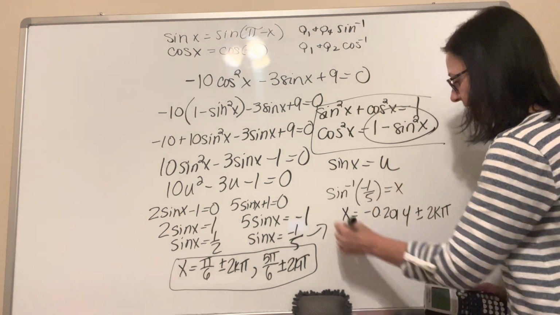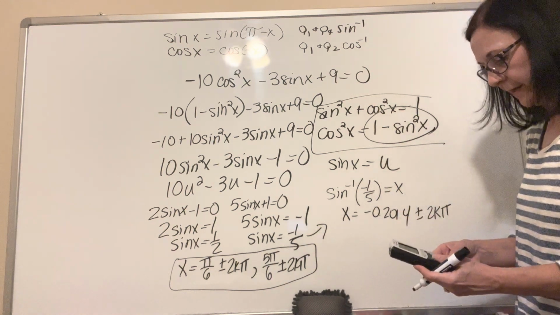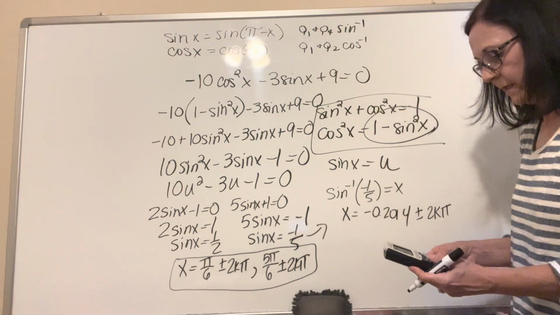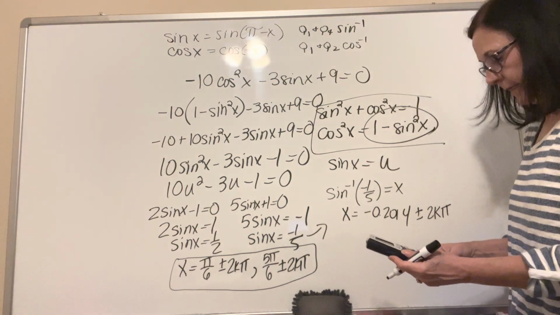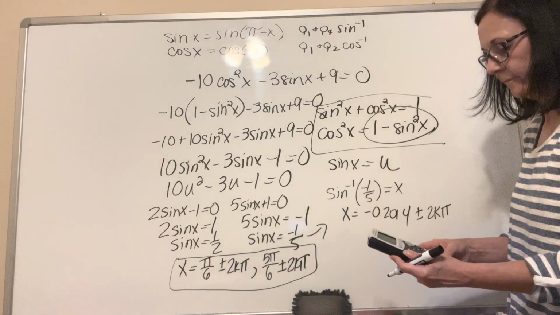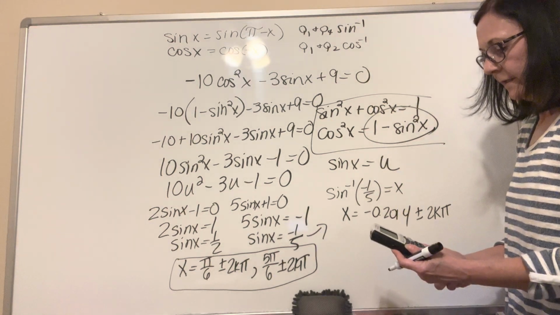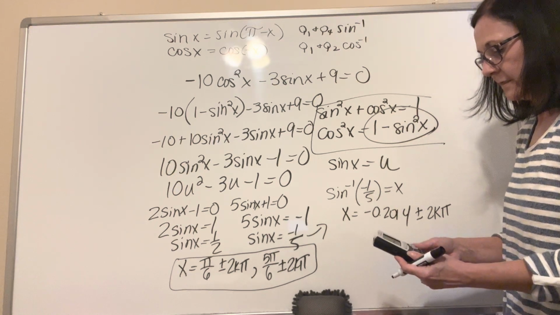So this also equals pi minus the negative 0.2014. Okay, that's not right.